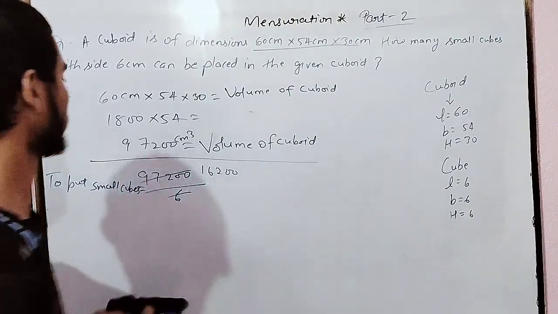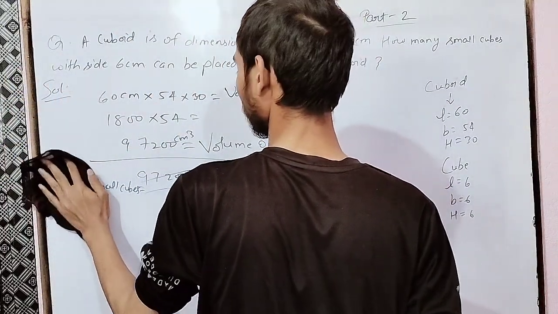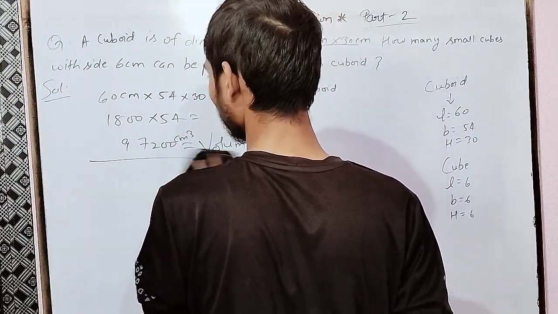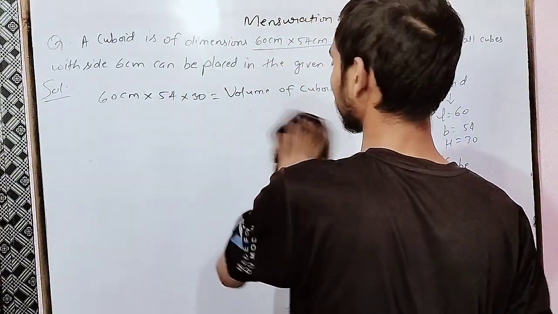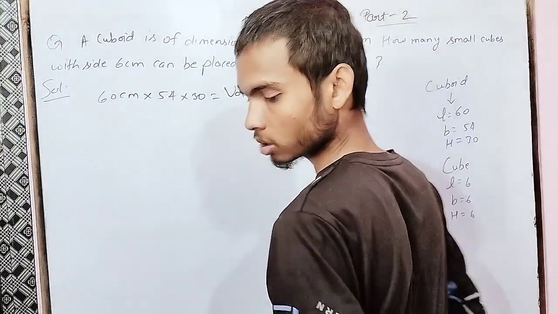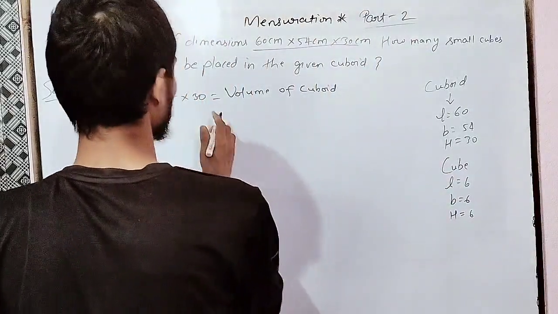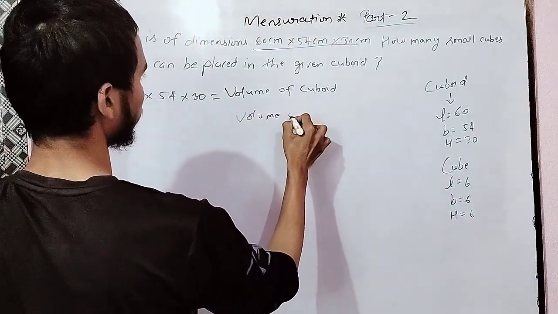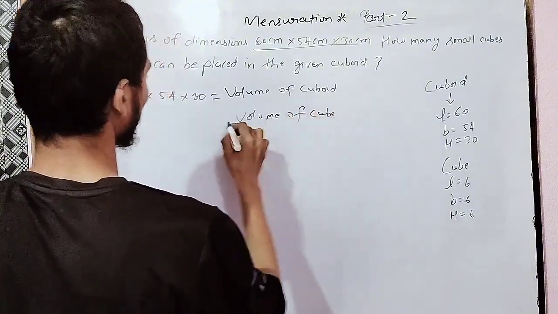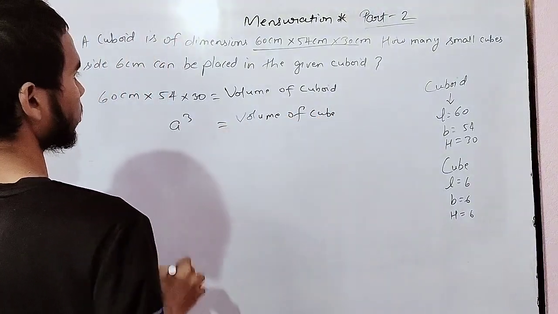Alright, diagram. The volume of a cube is A cube.